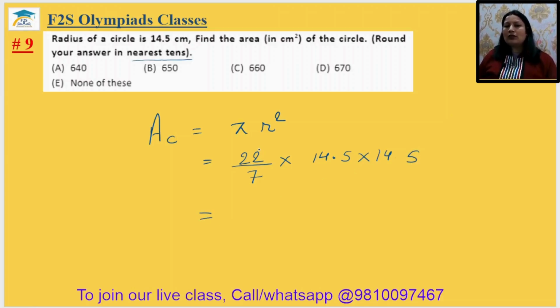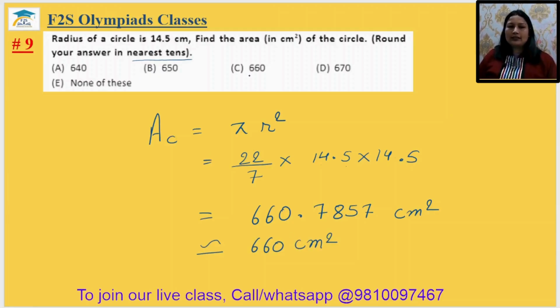When you multiply 22 by 14.5 by 14.5 and divide by 7, you will get 660.7857 centimeter square. We have to round it to the nearest tens, so we will get 660 centimeter square. It is in option number C. So the ninth answer will be option C.